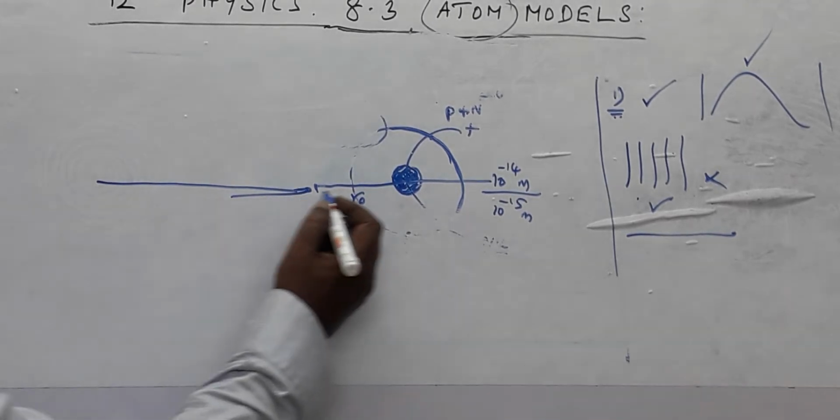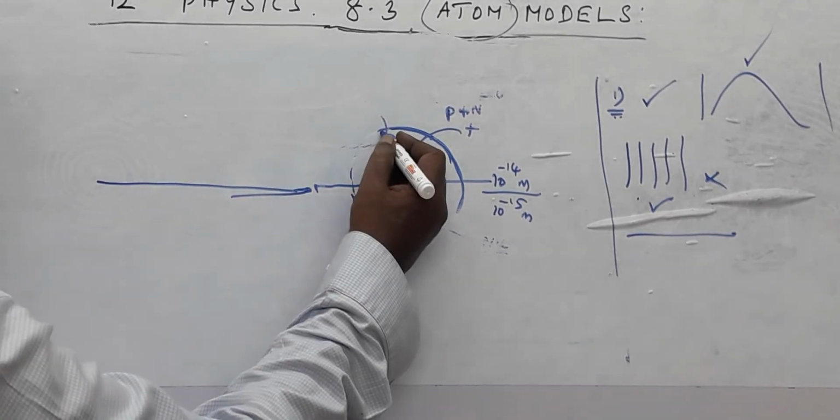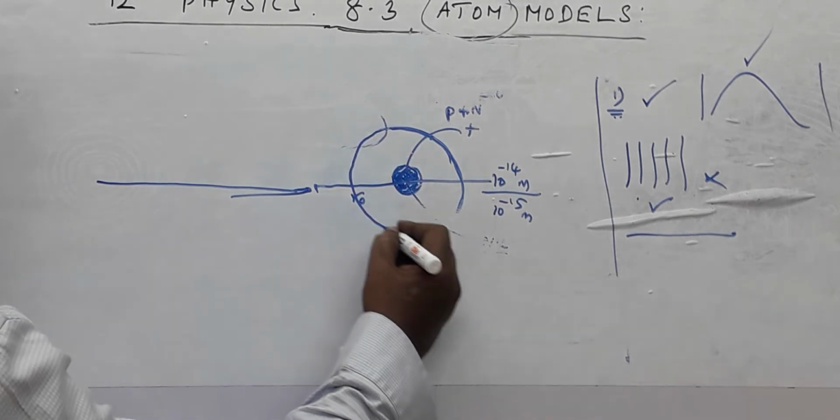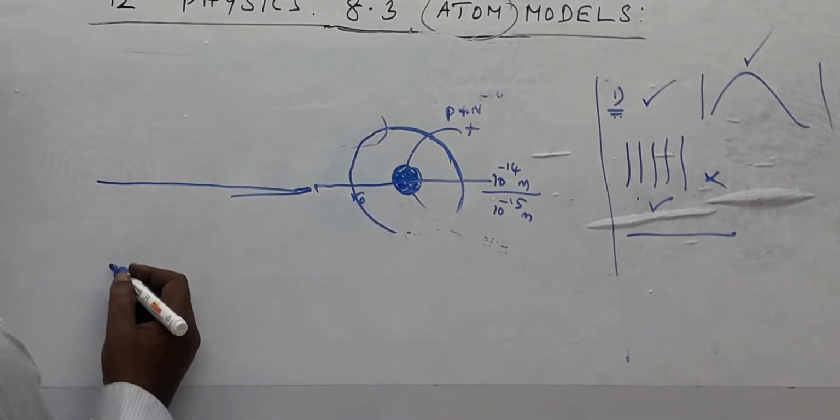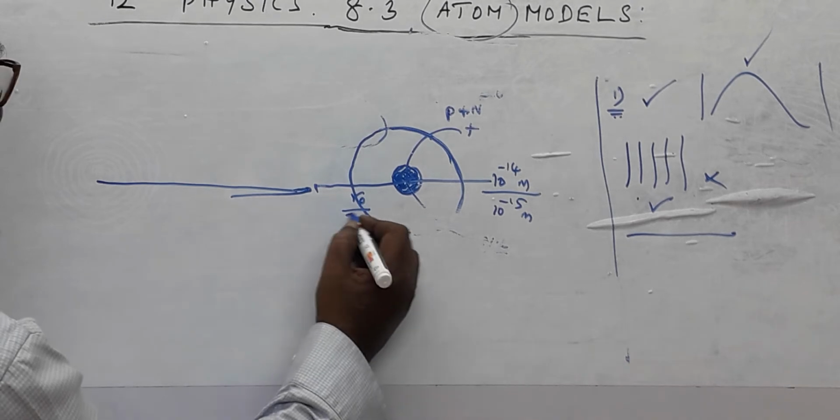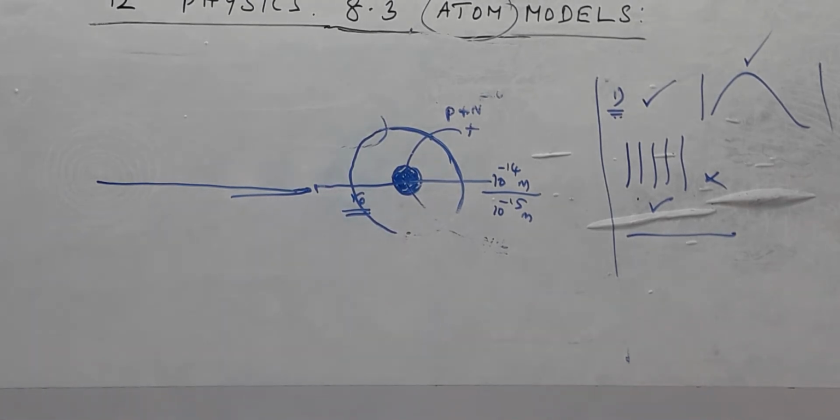Before entering the orbital or near the electron, it may be repelled. That distance is called the closest approach.